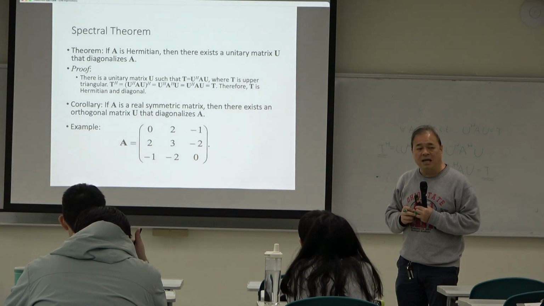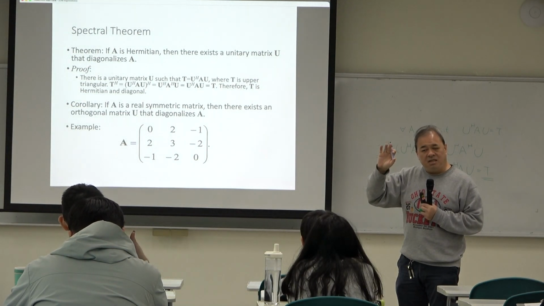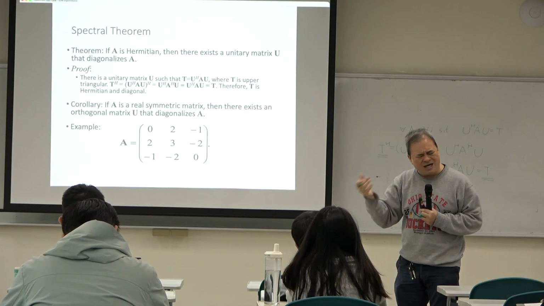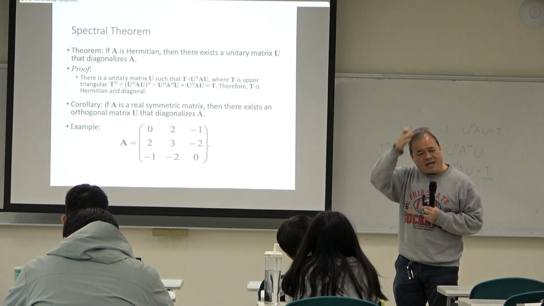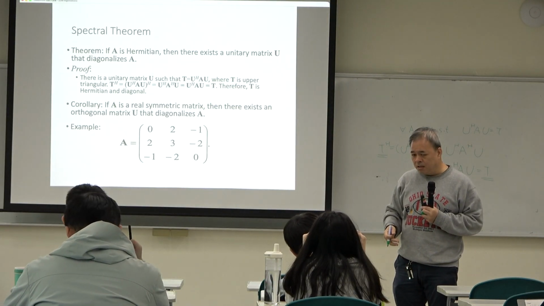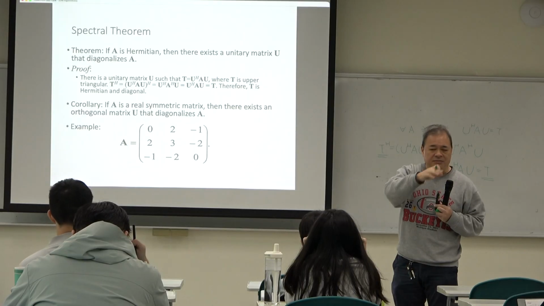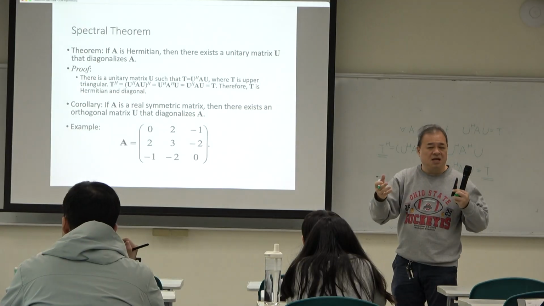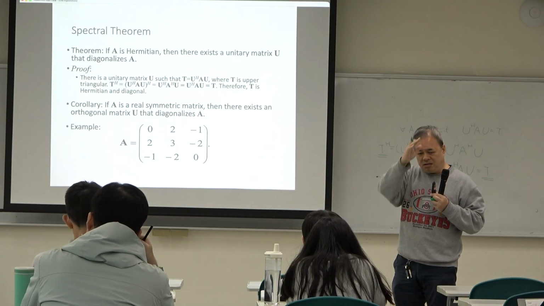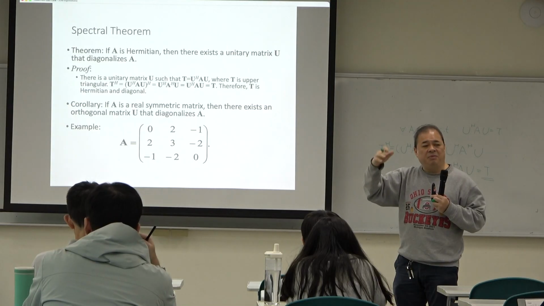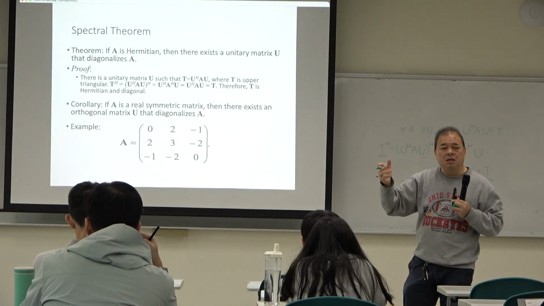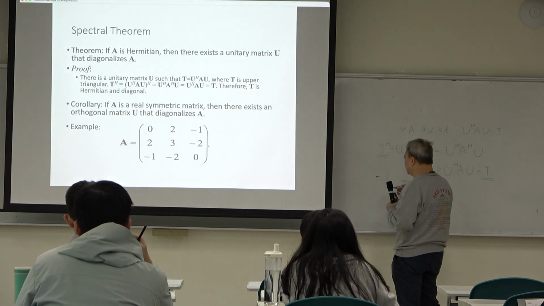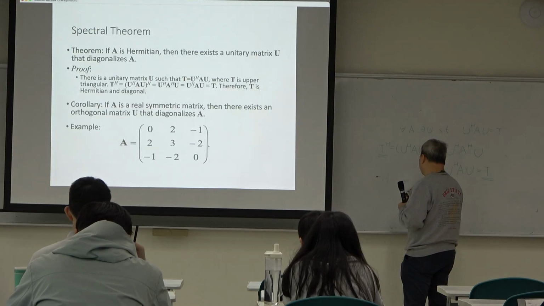T^H equal to T doesn't just mean T is Hermitian, it means T is diagonal. You already have the lower half, and the lower half equals the transpose of the upper half, so the upper half above the diagonal is zero too. So T^H equals T, because T is triangular.